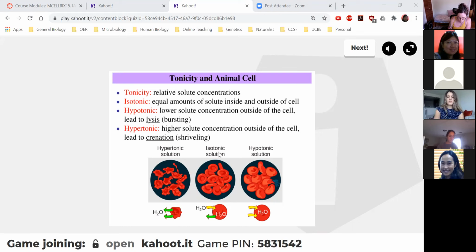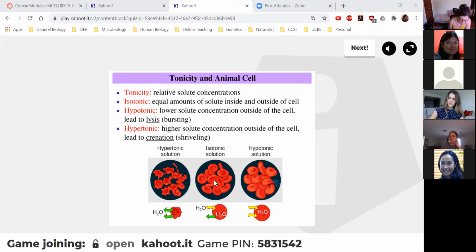An isotonic solution just means that the solute concentration in the beaker is equivalent to the solute concentration inside the red blood cell. Remember, water always follows salt. So some water will move into the red blood cell, and other water will move out. But in general, there's no net water movement, and the red blood cell is usually pretty happy in isotonic solution.